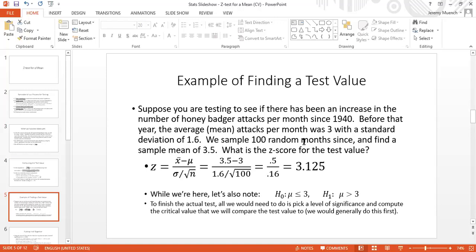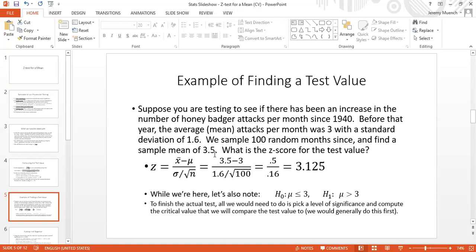So we want to know, what's the z-score for this test value where we have a sample of 100, a standard deviation of 1.6, and a sample mean of 3.5. We're testing this against 3, under the assumption that the mean should be 3.